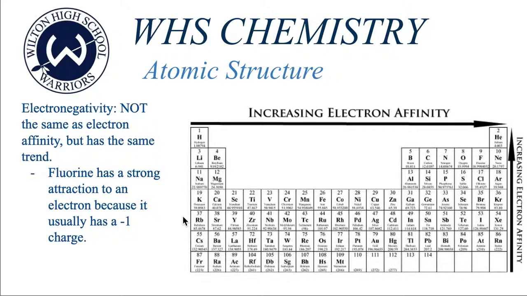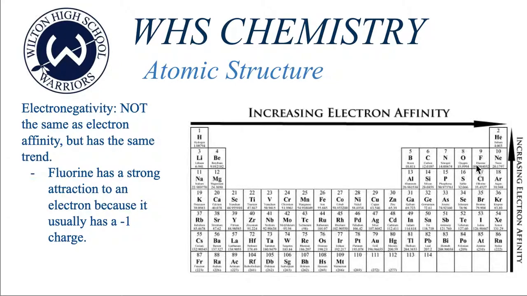So electronegativity. It's not the same thing as electron affinity, but it has the same trend, and I'll talk about that in the next slide. So this says increasing electron affinity, but it also has to do with electronegativity. It increases as you go this way on the periodic table and increases as you go up on the periodic table. For example, fluorine has a really strong electronegativity.